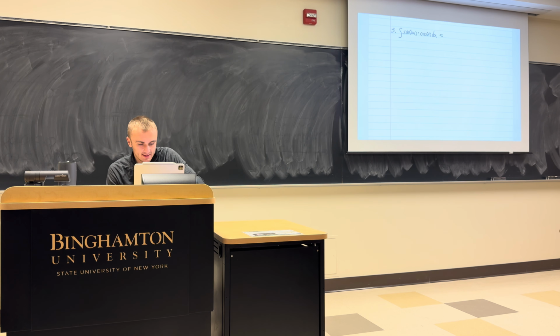Well, we'll rewrite this as integral of 2 sine of x cos x. So we're just rewriting that first term, and then times cos of x, and then that's all times dx.